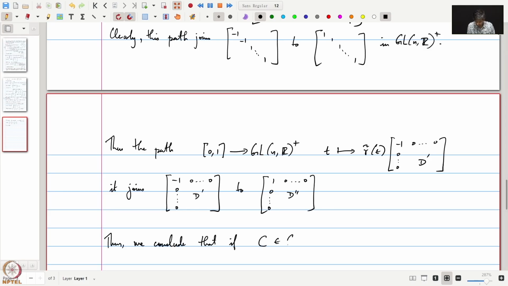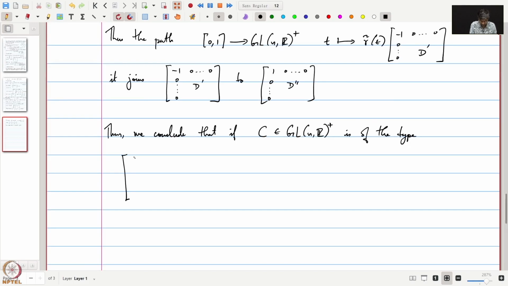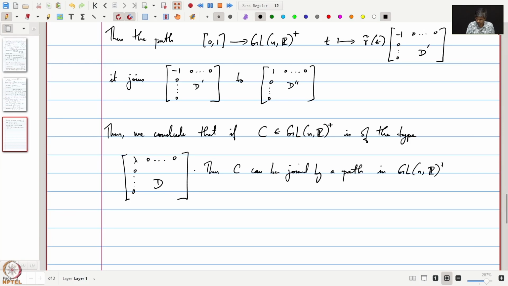So thus we conclude that if C in GL n R plus is of the type lambda, a block matrix of this type, then C can be joined by a path in GL n R plus to a matrix of the type 1, D prime prime.